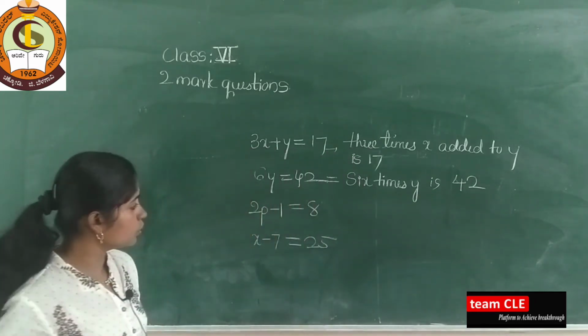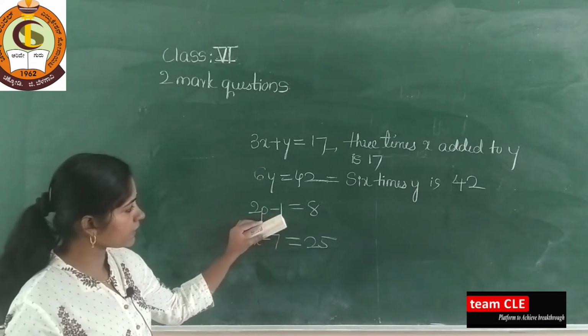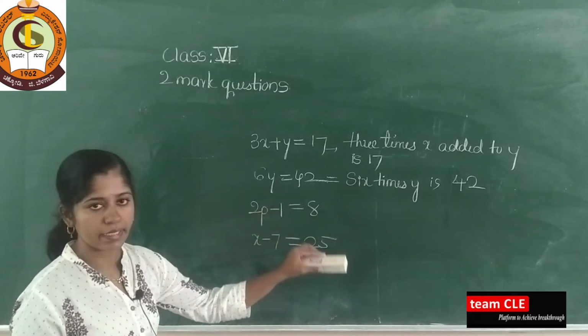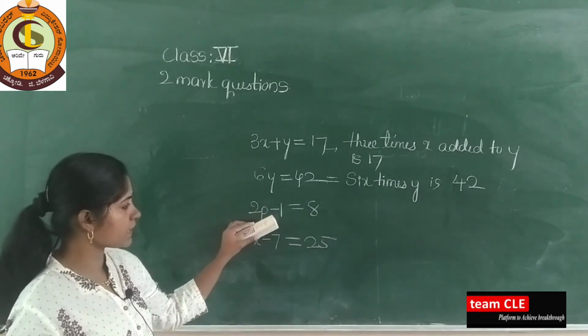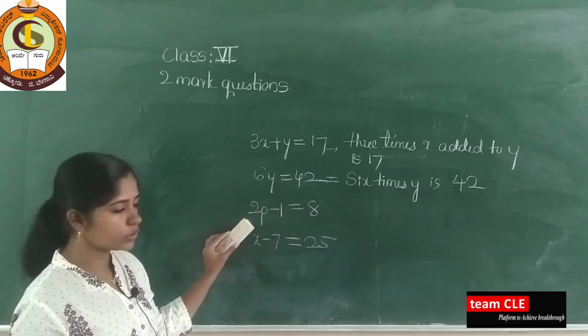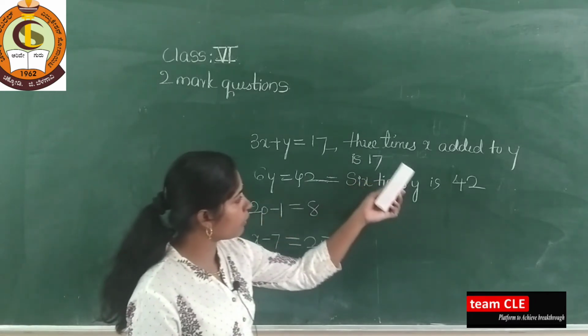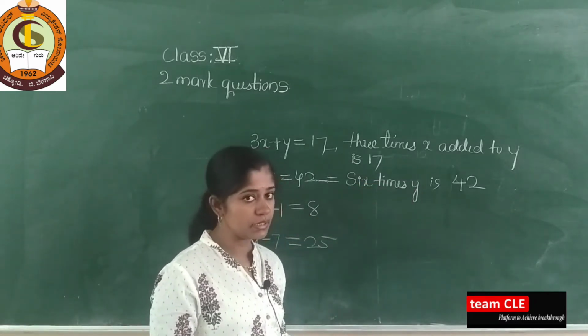Next, 2 times p subtracted by 1 is 8, or you can write 2 times p minus 1 is 8. Okay, so the same way I wrote it, you have to write here.